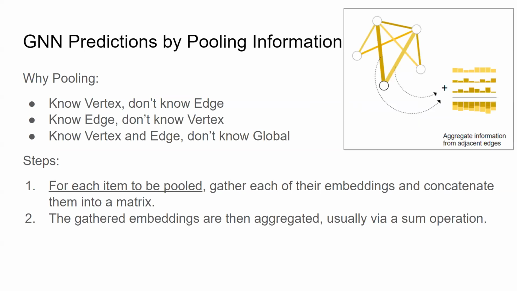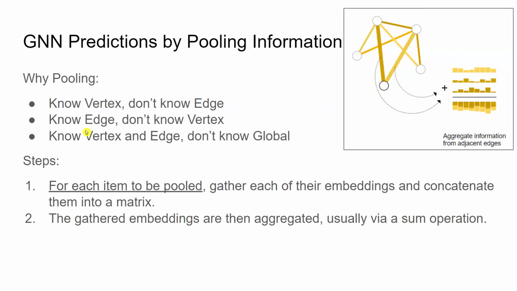Then here they start introducing more detail of the graph neural networks. One technique for prediction in graph neural networks is using pooling information. And why do you use that? Let's say you know the vertices of the graph, you know all the nodes, but you don't know the edges between them.